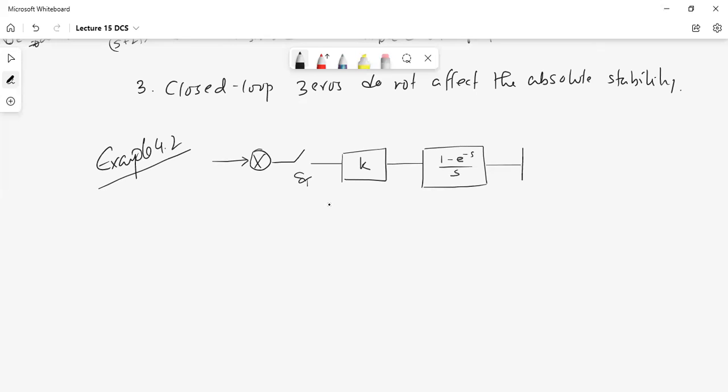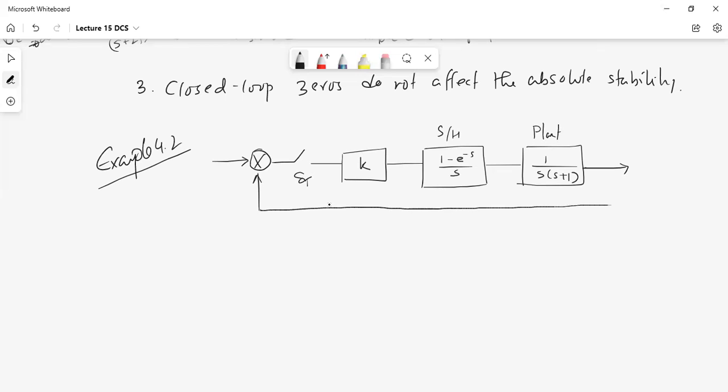Then you have 1 by s(s plus 1). Basically, this is our plant, this is our sample and hold, this is just a proportional gain, and you have unity feedback coming. This is the system that is given.